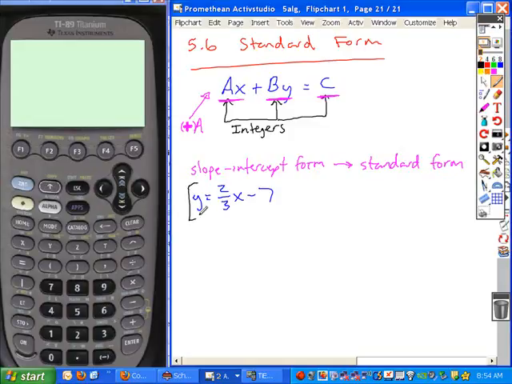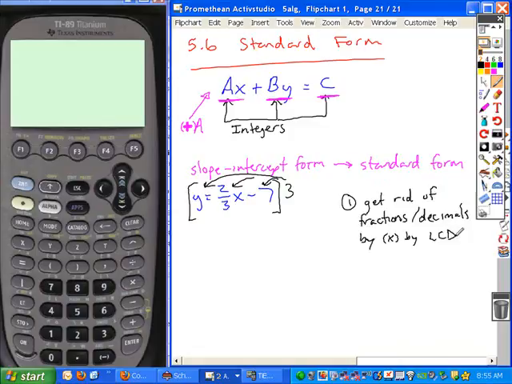What could we multiply every term by to get rid of all our fractions here? 3. So if we multiply each individual term by 3, step 1 is get rid of all fractions. You can do that by finding the least common denominator of all the fractions involved, and we'll talk a little bit about that too. But you just multiply across.